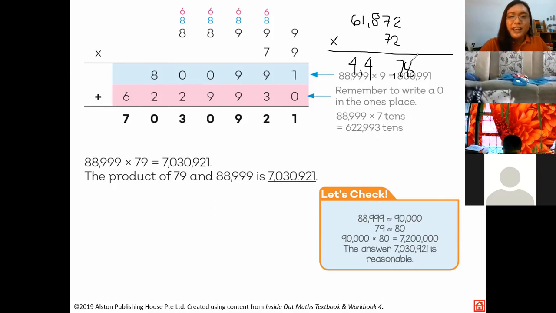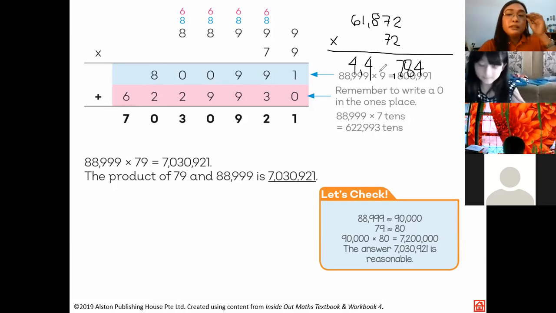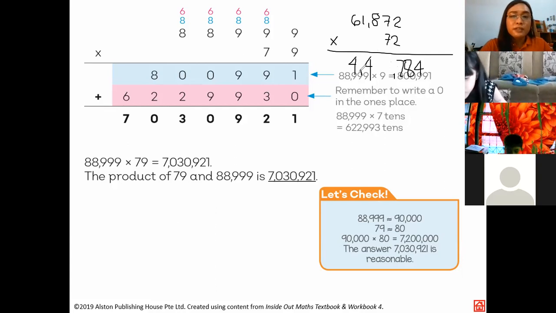Okay, again, Alpha. 4,474,784. The answer is wrong. It's incorrect.